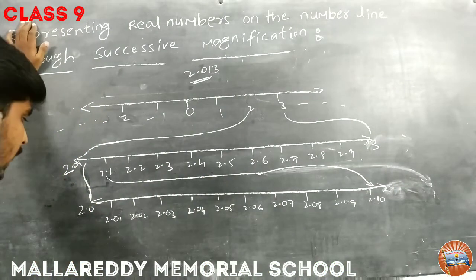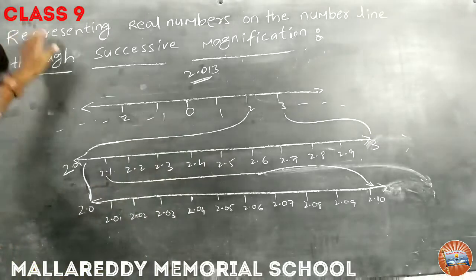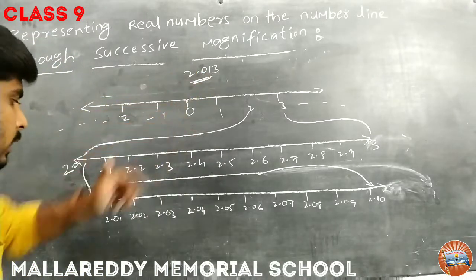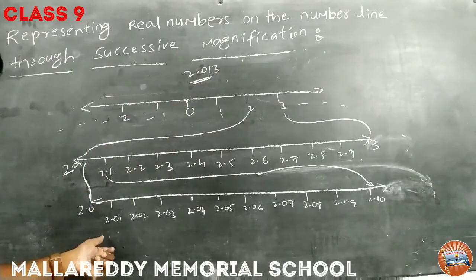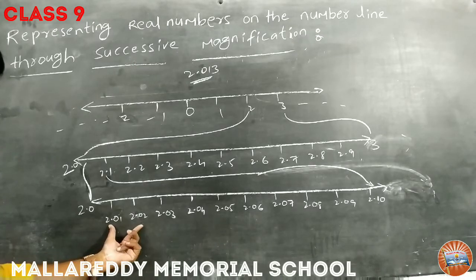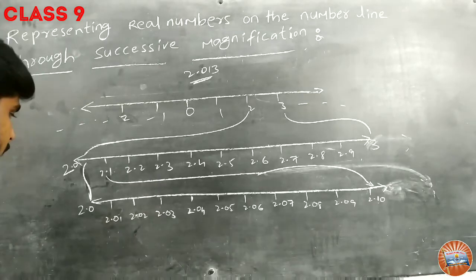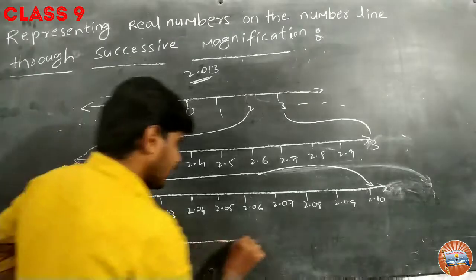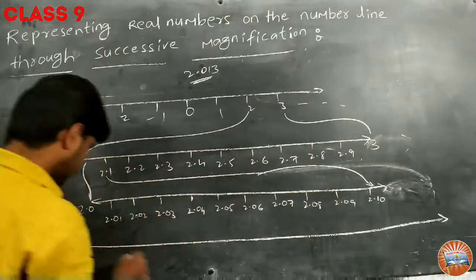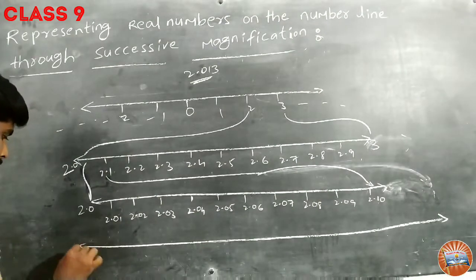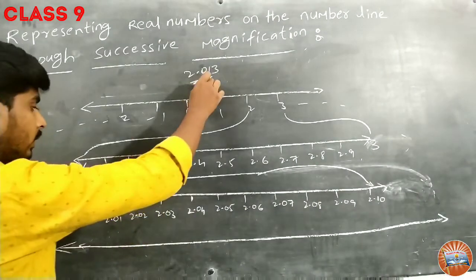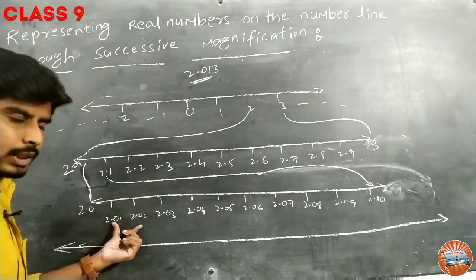Right, now next what we have to do? We can take again this 2.013 lies between 2.01 and 2.02, isn't it? Right. So take again one more number line. So 2.013 lies between 2.01 and 2.02.